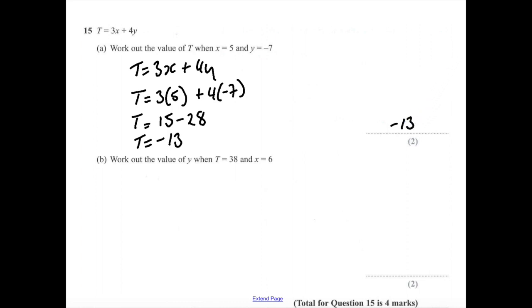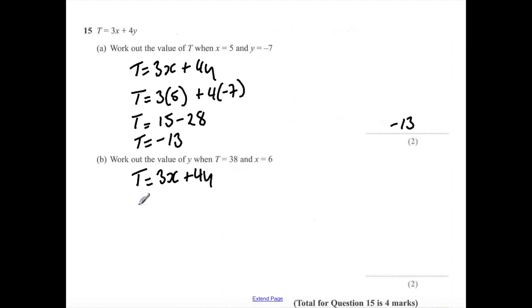B. Work out the value of y when t equals 38 and x equals 6. So to work out this question, what you need to do is substitute the values given to us in this question into the equation. So the equation given to us is t equals 3x plus 4y. Now, t equals 38.